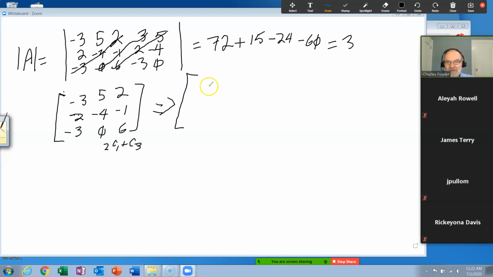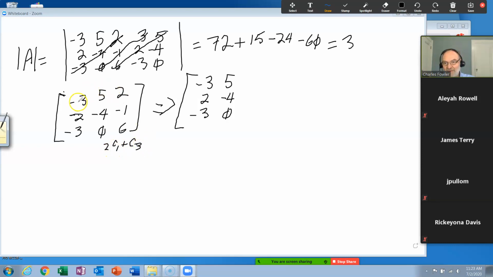So keep the first column exactly as it is, minus 3, 2, minus 3. The second column stays the same: 5, negative 4, 0. And the third column, that's the one we're operating on, you're doing 2 times the first plus the third.